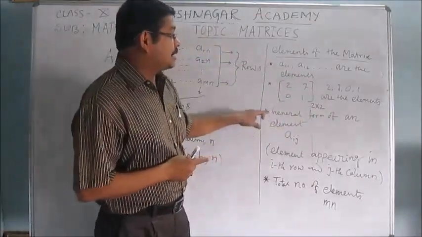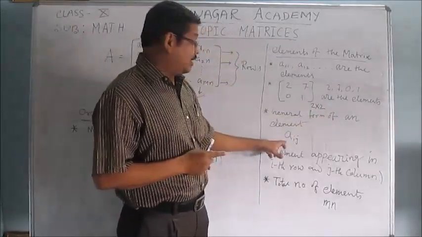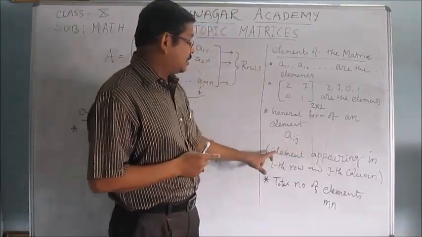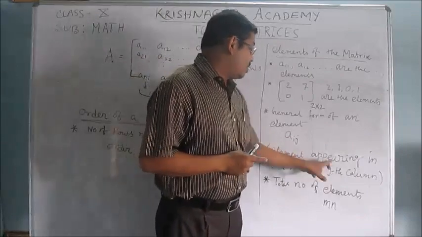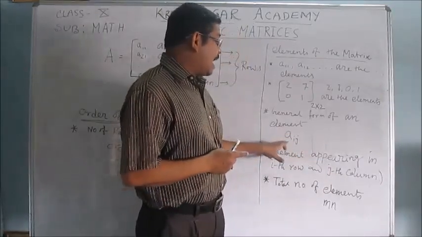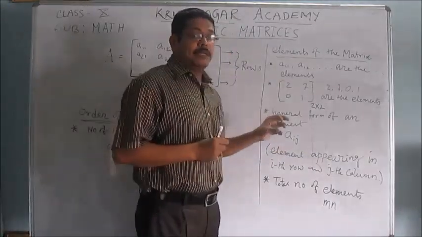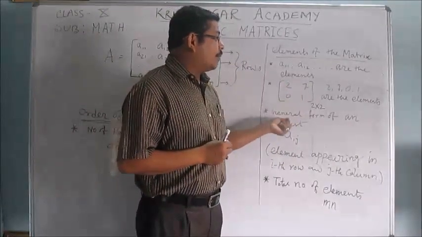Next, what is the general form of an element? The general form of the element is Aij. i means the ith row and j means the jth column. And what is the total number of elements in the matrix? You just multiply the number of rows and the number of columns.